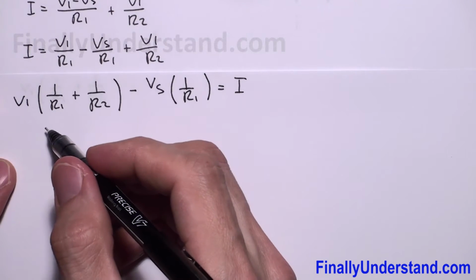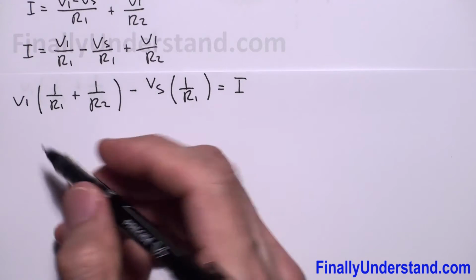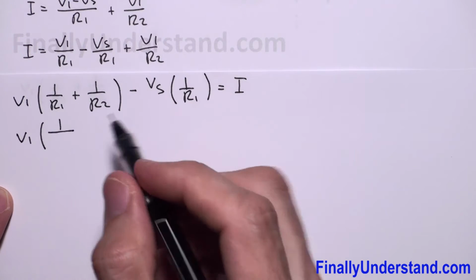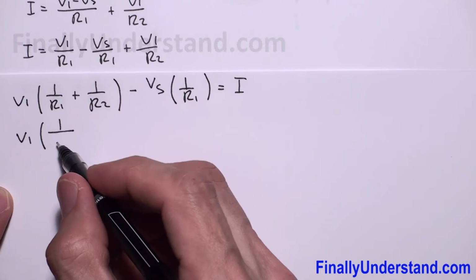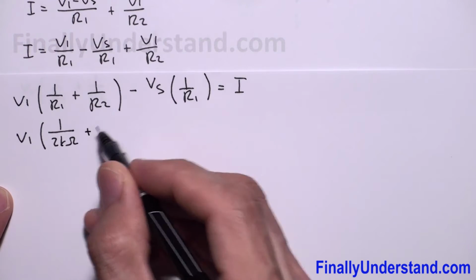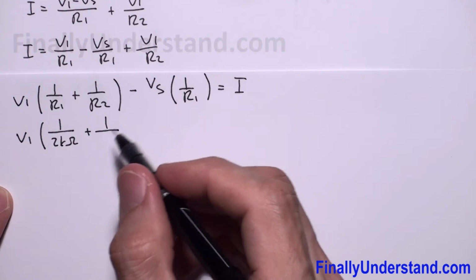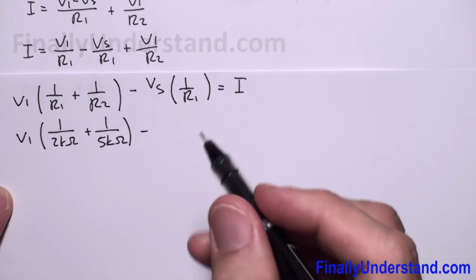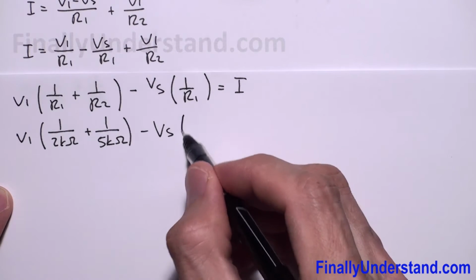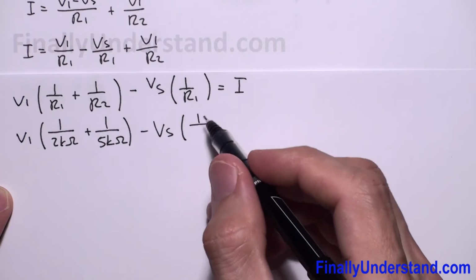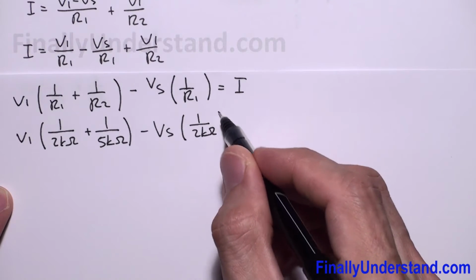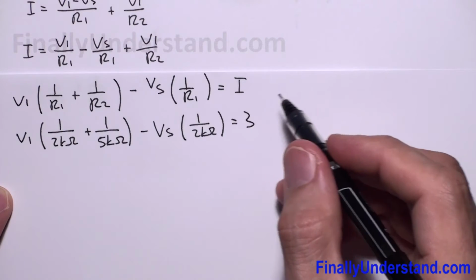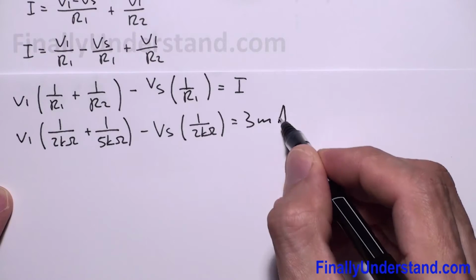Now I'm going to plug in the values into my equation. So I have V1 times (1 divided by R1, which has a value of 2 kilo ohms, plus 1 divided by R2, which is 5 kilo ohms), minus the voltage source times 1 over R1, which is 2 kilo ohms, and everything is equal to I, which is 3 milliamps.